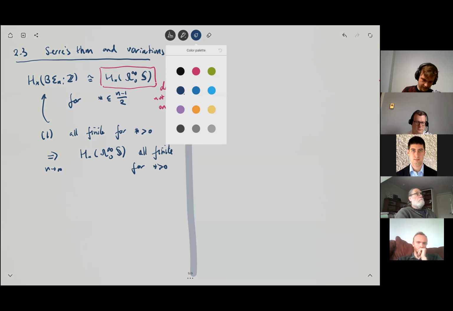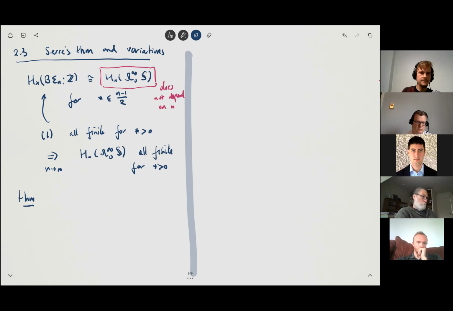Okay. And this has the following consequence. The consequence is that the homotopy groups of the sphere spectrum, which are the same as the homotopy groups of this infinite loop space in positive degrees at least, are all finite for positive degrees.